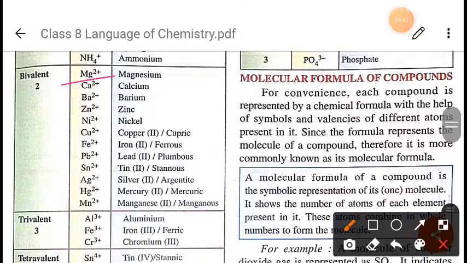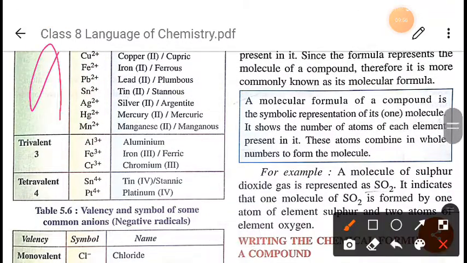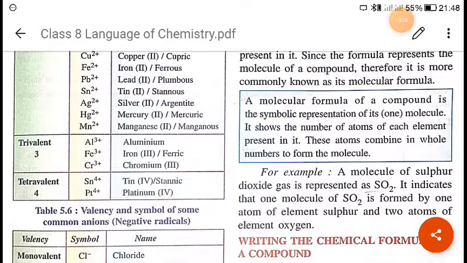There are many examples: Mg2 plus, Ca2 plus, Ba2 plus, Zn2 plus, Ni2 plus, Cu2 plus, Fe2 plus, Pb2 plus, Sn2 plus, Hg2 plus, Mn2 plus. Now, if an element like aluminum gives its three electrons and converts into Al3 plus, it is called trivalent.